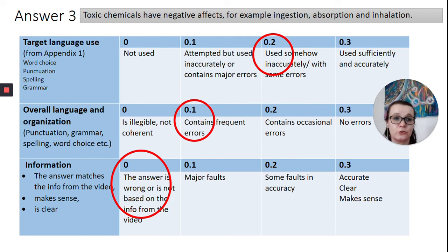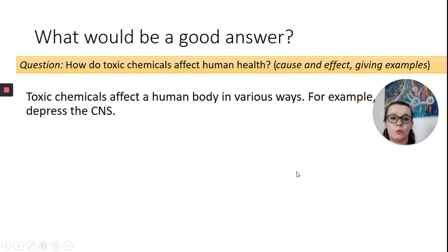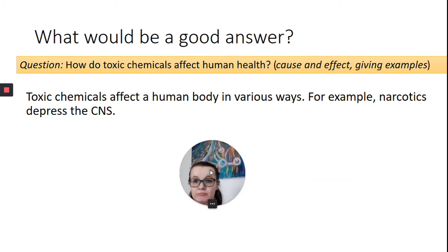Well, what would a good answer be? This would be a good answer, because it matches all the criteria. You can take a look again. It has the language of cause and effect, language of giving examples, with correct punctuation, correct grammar, correct spelling of this language.